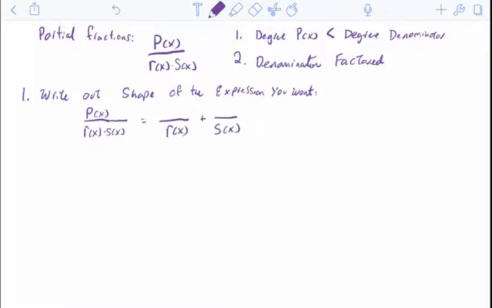And the idea being that when you do, the numerators are all going to be lower degree than the denominators. So all of the ones I'm going to give you will have denominators that are linear. And so this expression will look like this: a plus b.